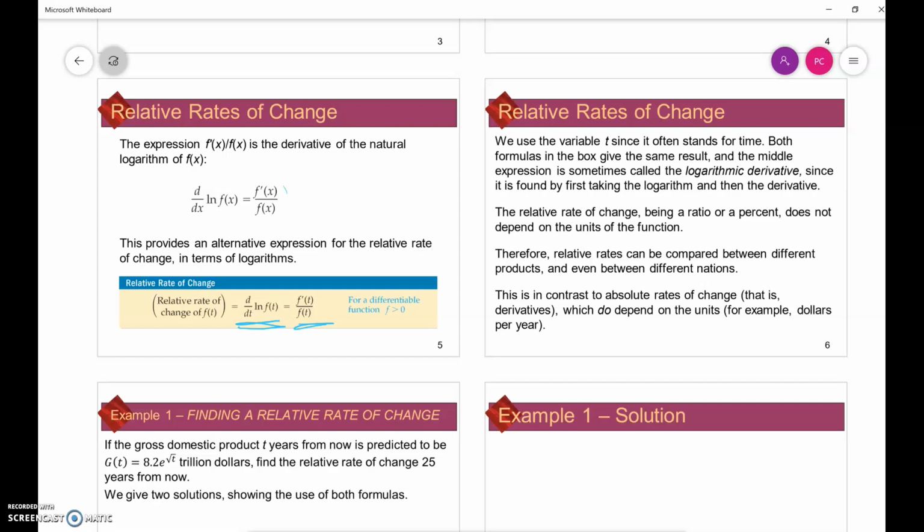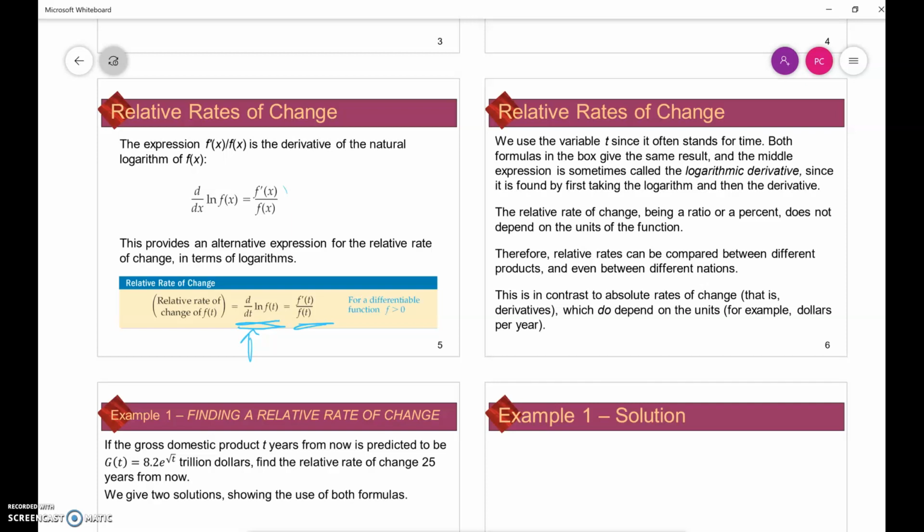So we use the variable t since it often stands for time. Both formulas in the box give the same result. And the middle expression is sometimes called the logarithmic derivative, since it's found by first taking the logarithm and then the derivative.